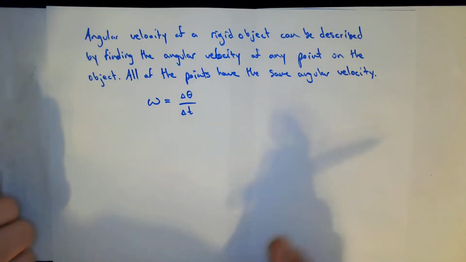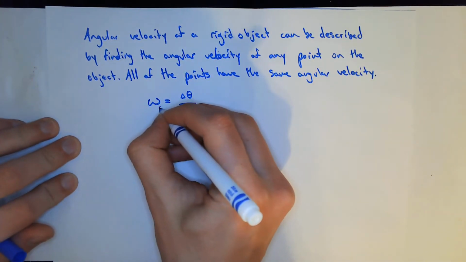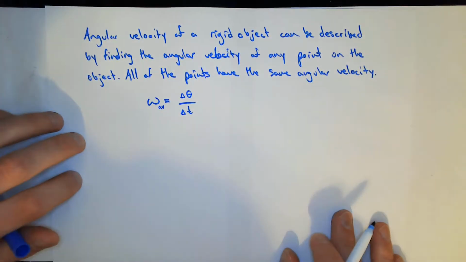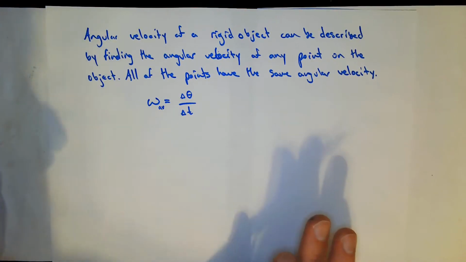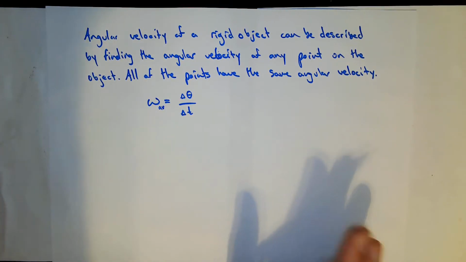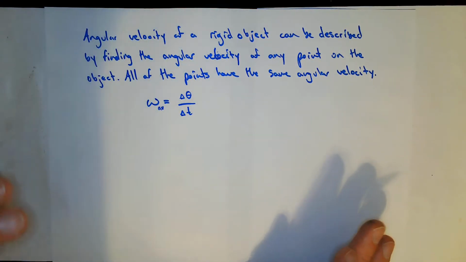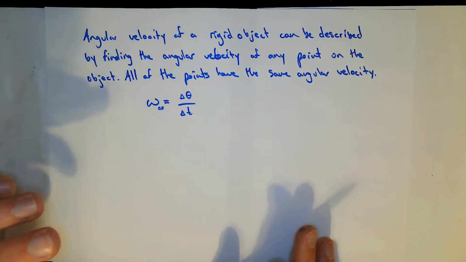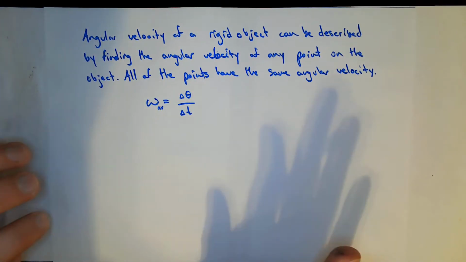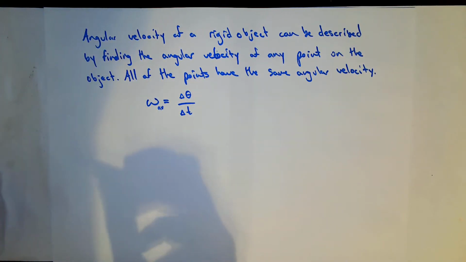So maybe I should be a little bit more technical here and say that this is the average angular velocity, right? You may recall, when we learned about velocity and acceleration, that we talked about average versus instantaneous. And there's similar things that are going to happen here. This is the average, and in just a second I'll describe the instantaneous velocity.